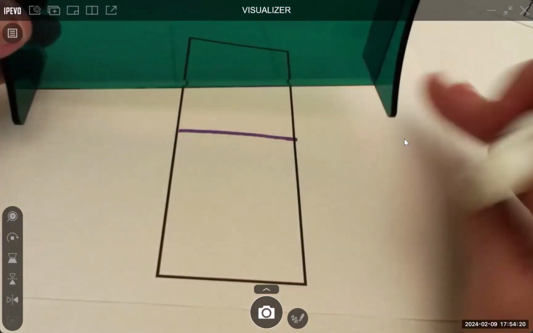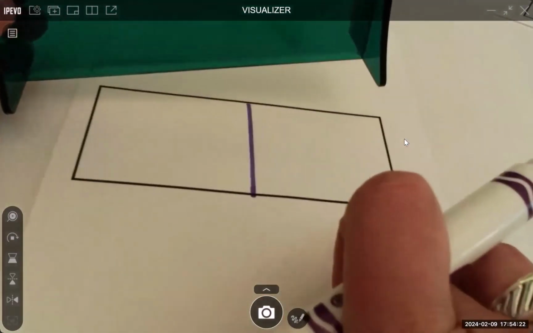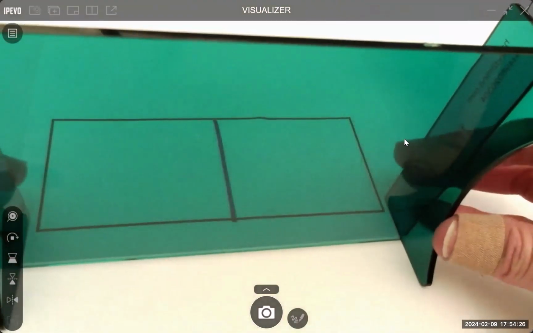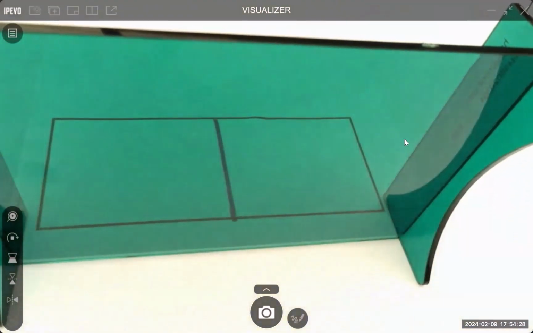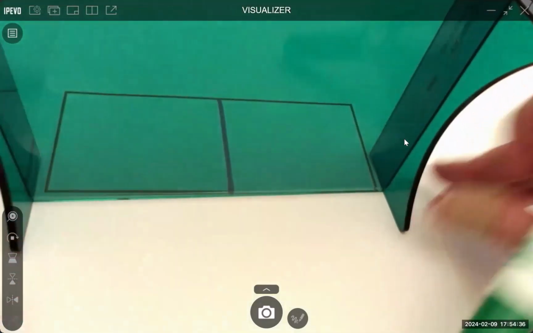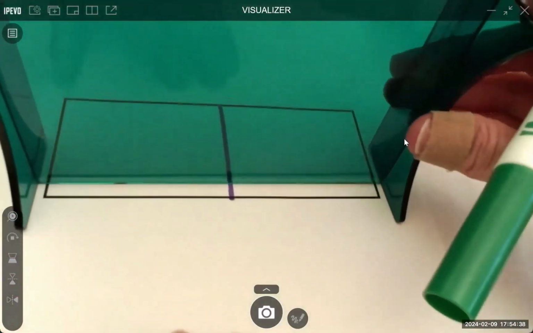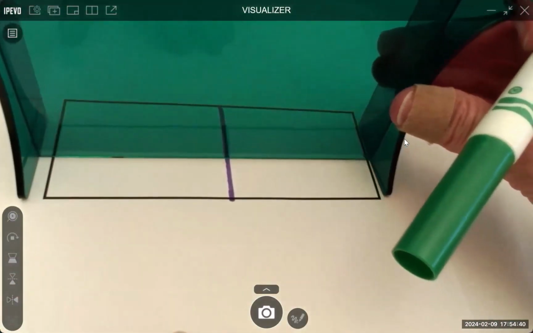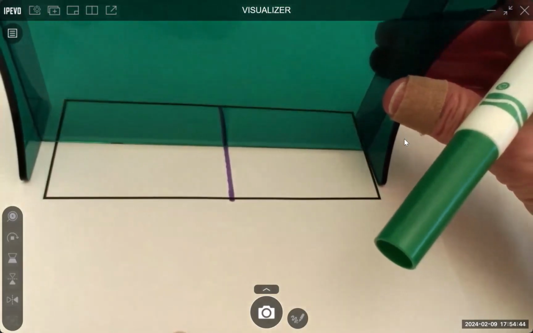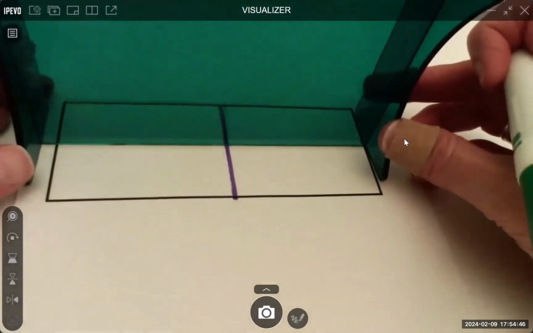Okay, so I'm going to rotate my shape and see if there's one this way. Starting here with my Geo-Mirror, I am going to slide it up. And as I do that, I think I'm just going to have to hold that. I can see that my image matches exactly.